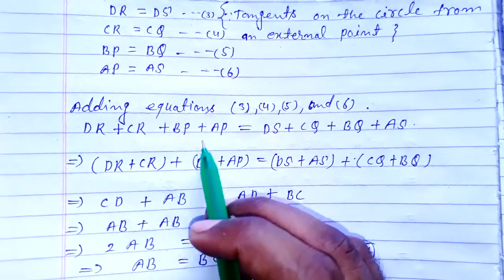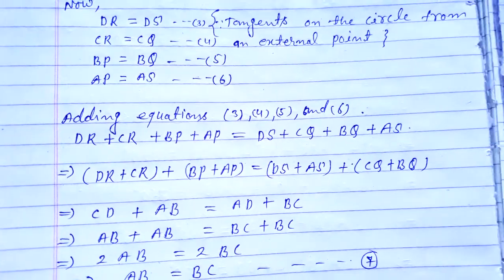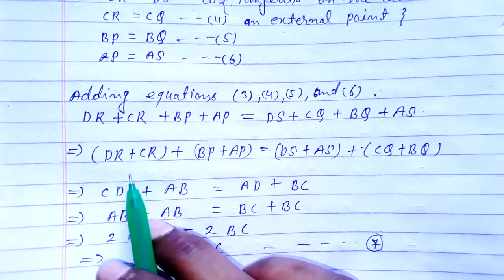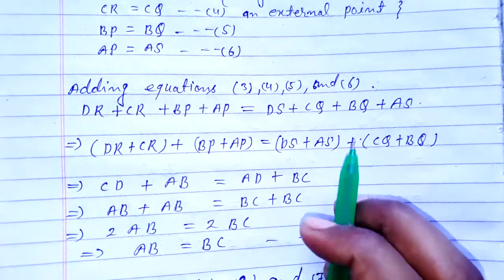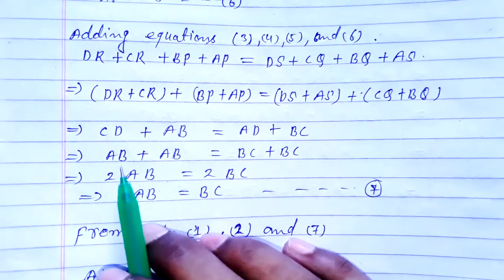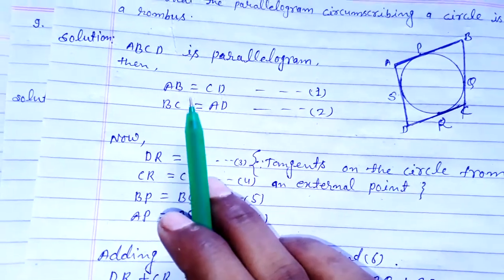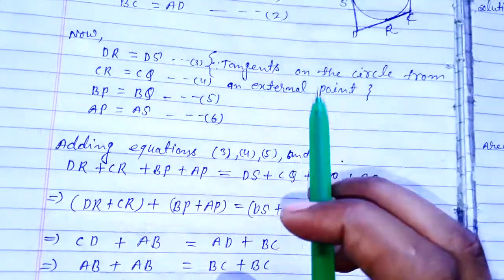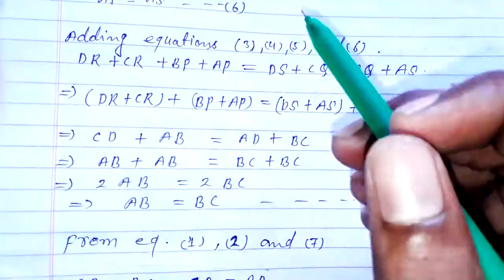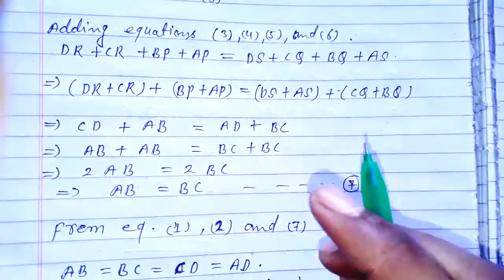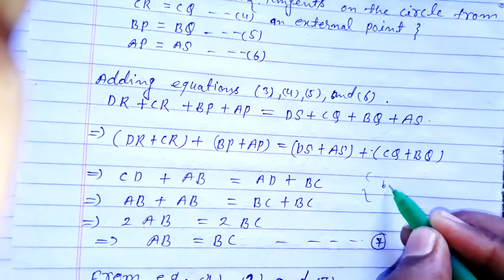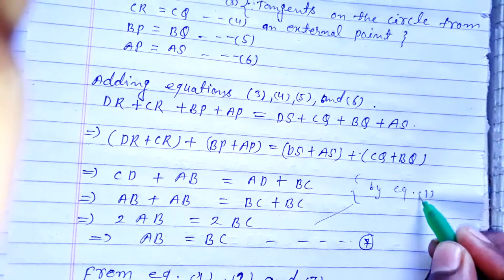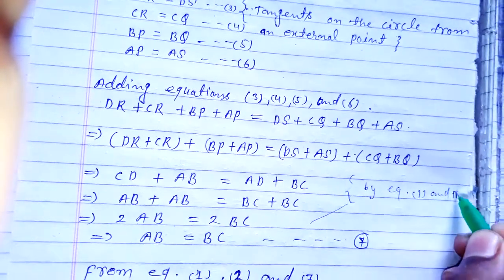Adding these equations, as in the previous question number 8, the sum CD plus AB, where AB is equal to CD according to the parallelogram, and the same, AD is BC, by equation second. Also write down by equation the first and second.